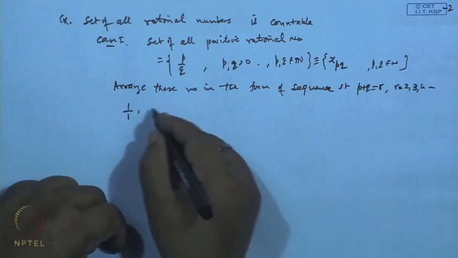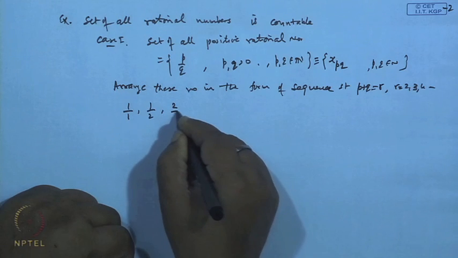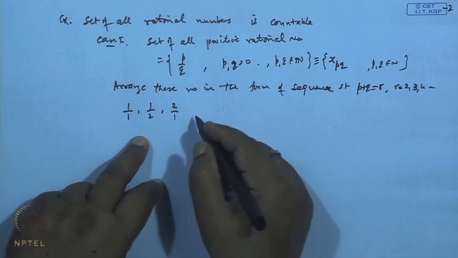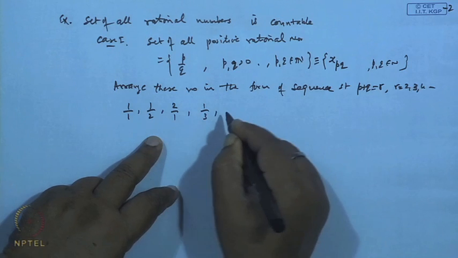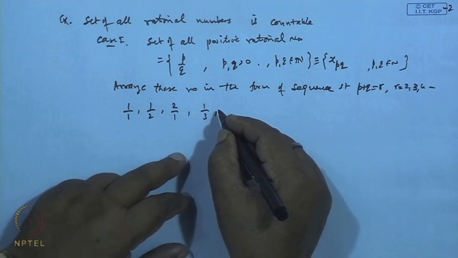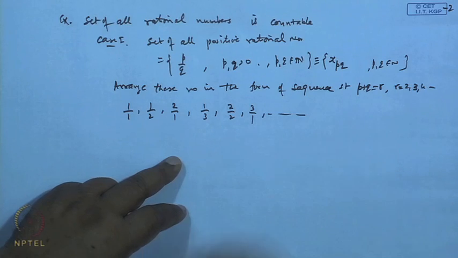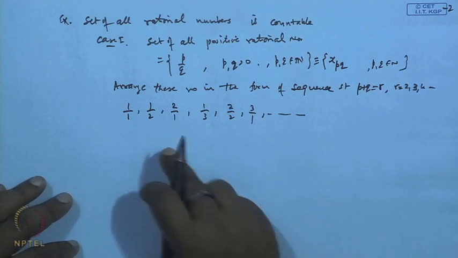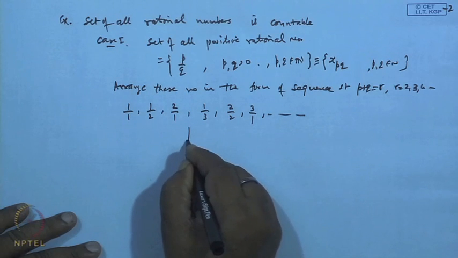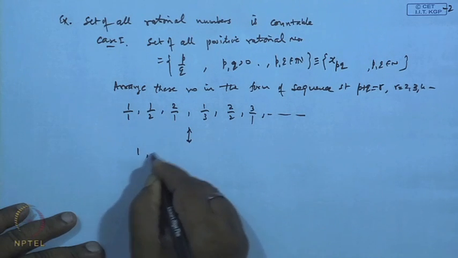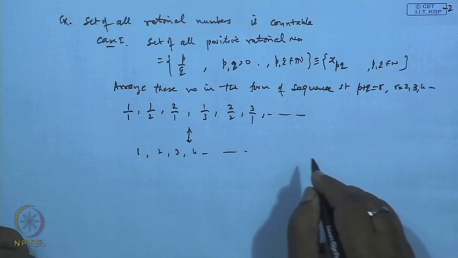Then another, say 1 by 2, 2 by 1, so the sum is 3, and then we can go 1 by 3, 2 by 2, then 3 by 1 and continue this. So, it has a 1-to-1 correspondence with the set of positive integers 1, 2, 3, 4 and so on. So, it is a countable set.